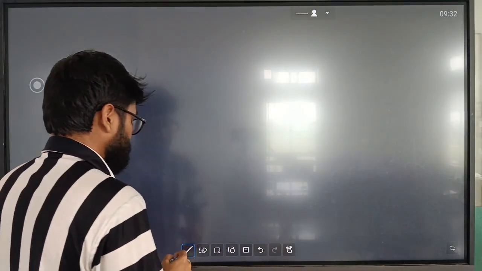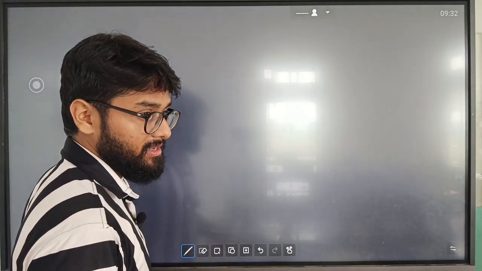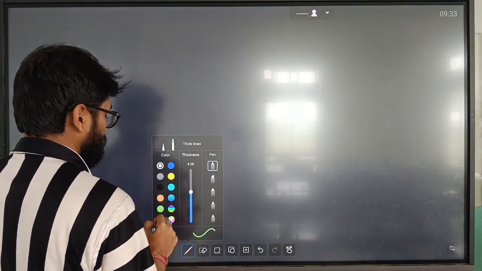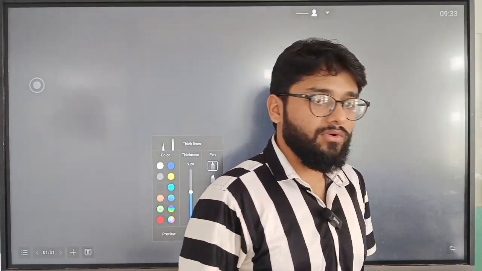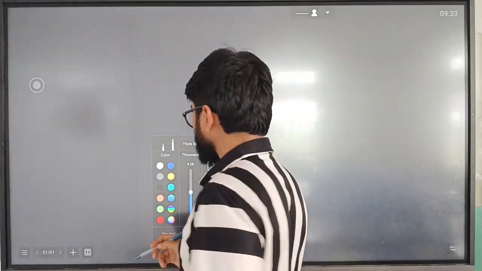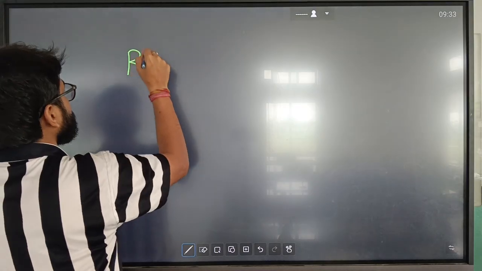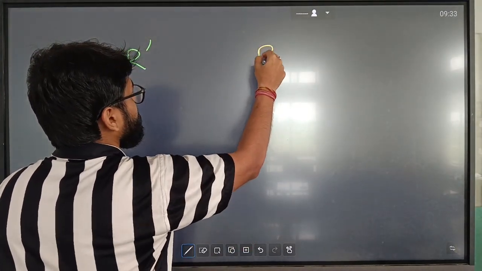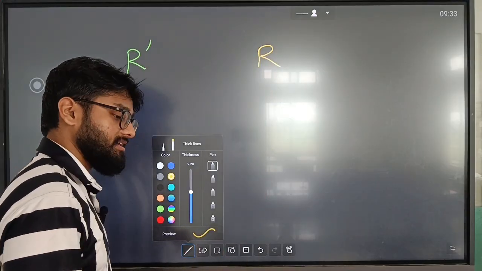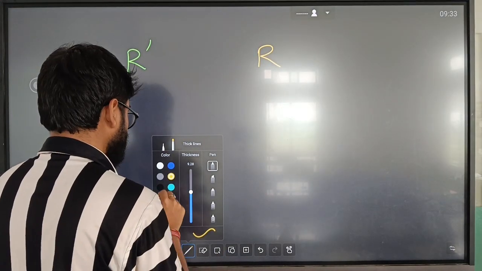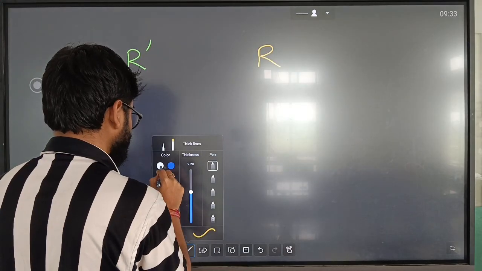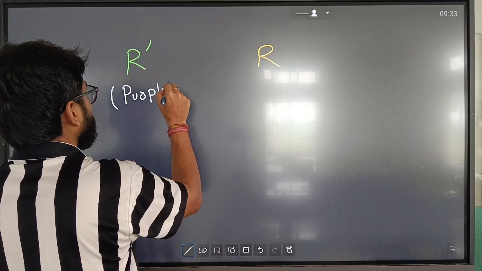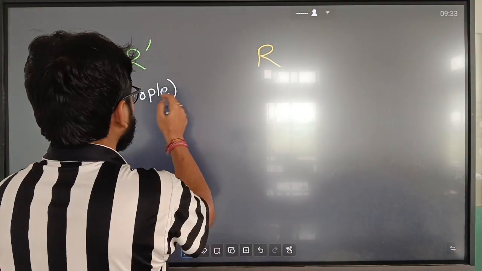Now let us move back to what we were discussing, that is the monohybrid cross. We are expected to take R dash and R, correct? R dash represents the color, which let's assume is purple, because we took Mendel's experiment and we are discussing that this is purple.